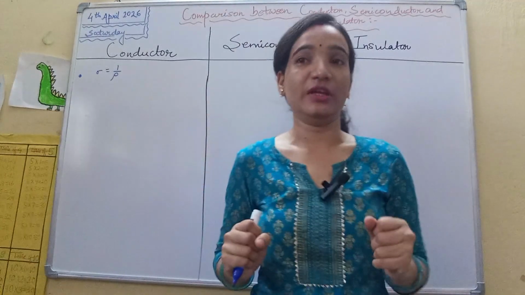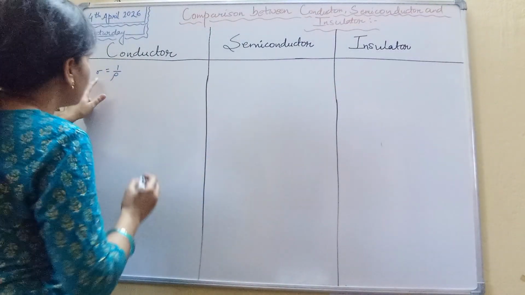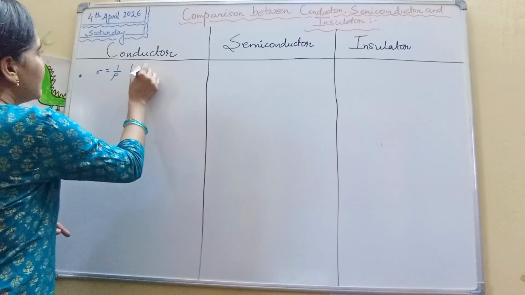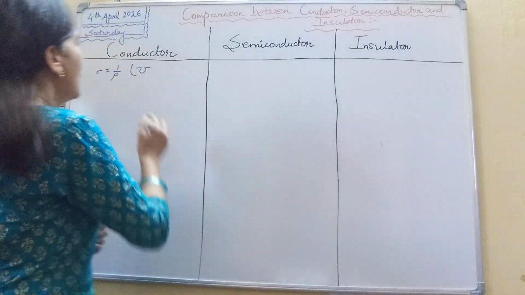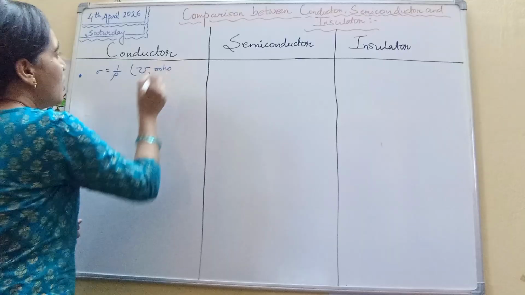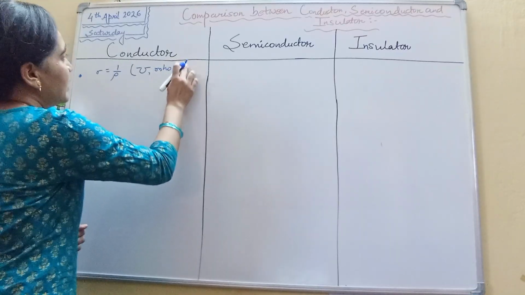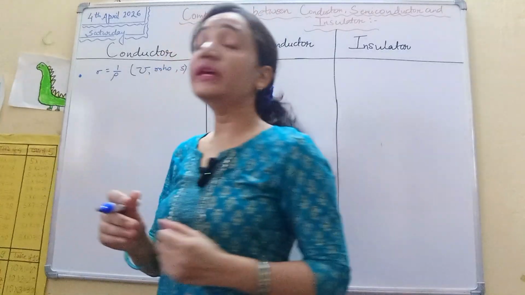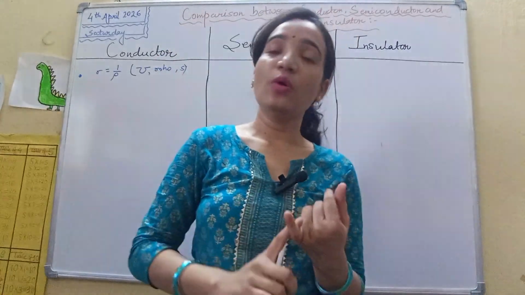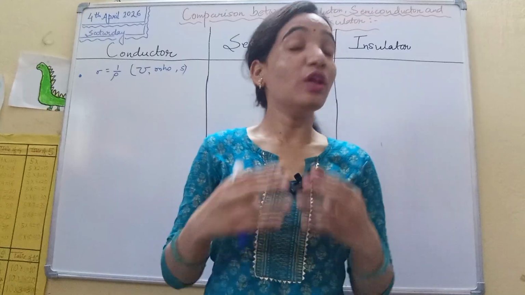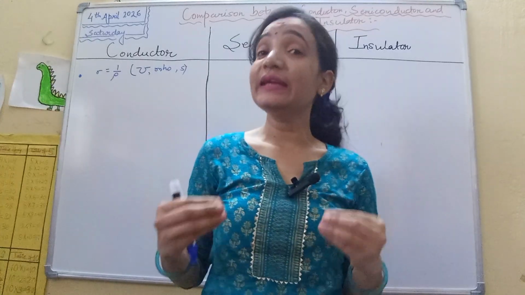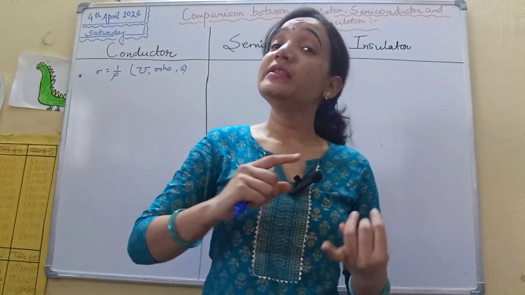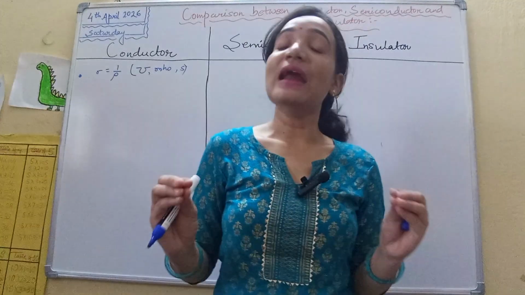The unit for conductivity is mho. Mho is the inverse of ohm. You can write mho, or you can also say Siemens, which is denoted by S. Since we know that in the conductor, all the metallic elements have an abundance of electrons, the number of electrons is in a large amount.